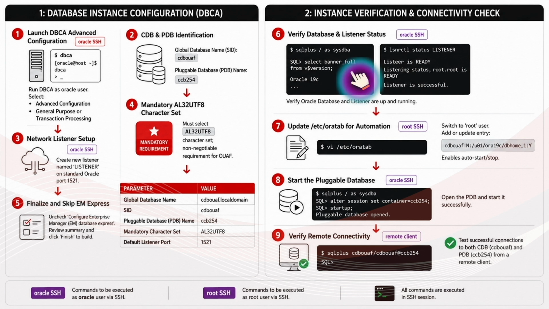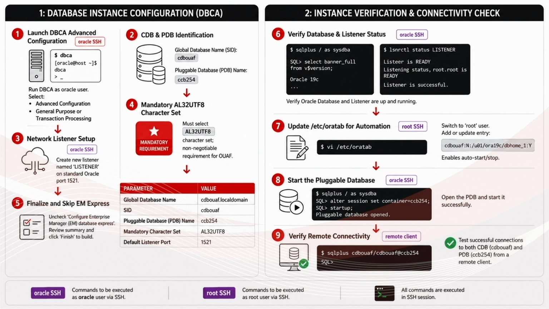Using SQL*Plus, we will first confirm the Oracle database version and then verify the listener status using the lsnrctl status command. Make sure the listener status shows ready. Next, we will switch to the root user session and update /etc/oratab by changing the last field from N to Y. This enables automatic startup and shutdown of the Oracle database and listener using the dbstart and dbshut commands.